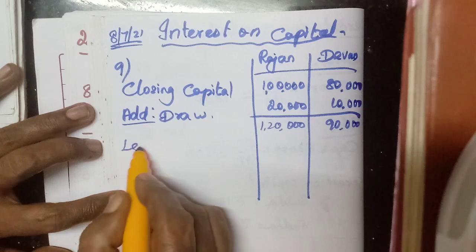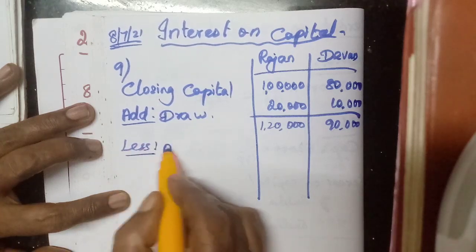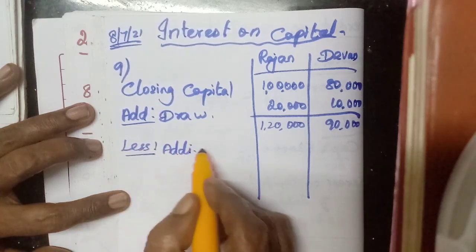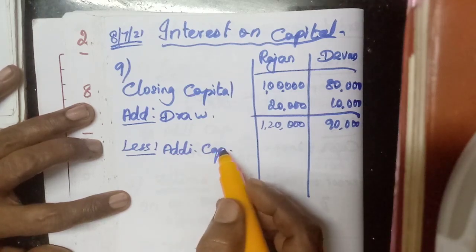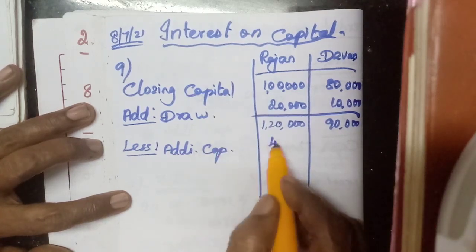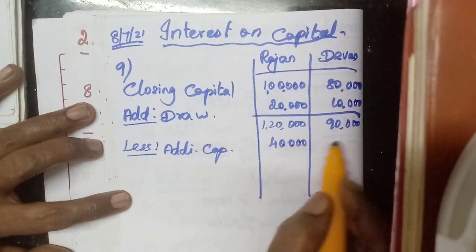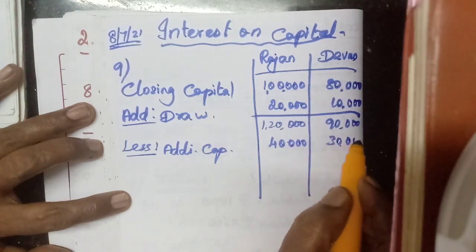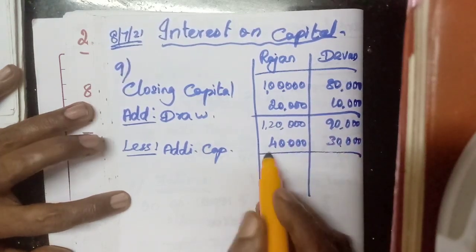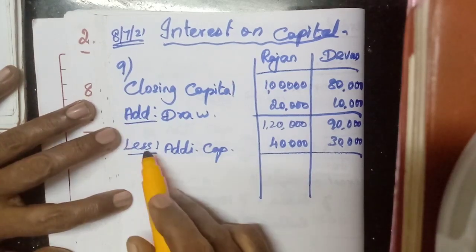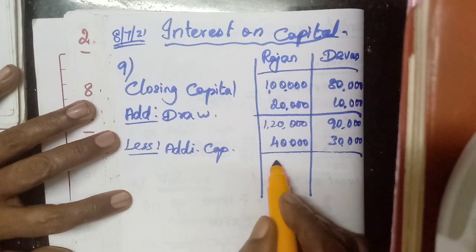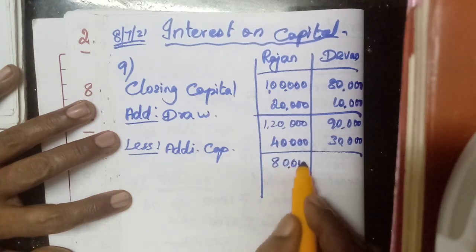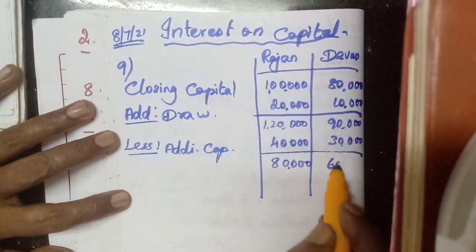Then less additional capital: 40,000 and 30,000. You must be very careful in doing the calculation. Here less, so we have to deduct 80,000, and here 60,000.